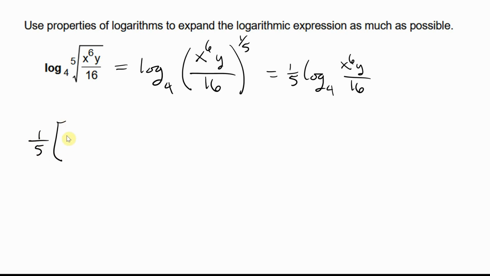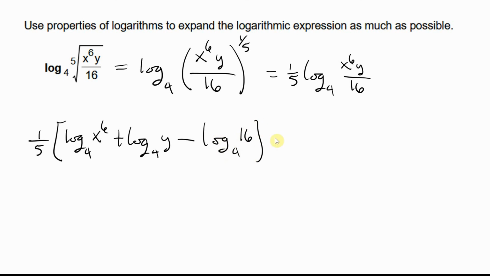So 1/5 times brackets log base 4 of x to the 6 plus log base 4 of y. Now it's division, minus log base 4 of 16. Now we can simplify that because here I got that power of the 6.